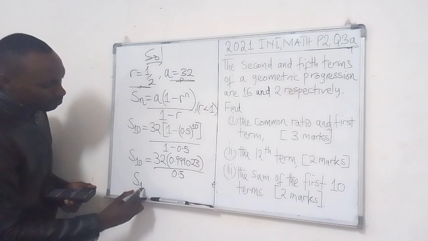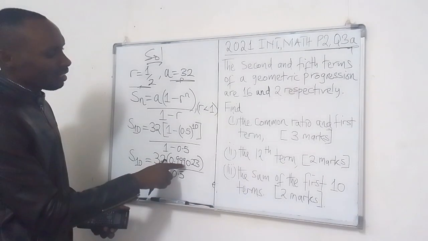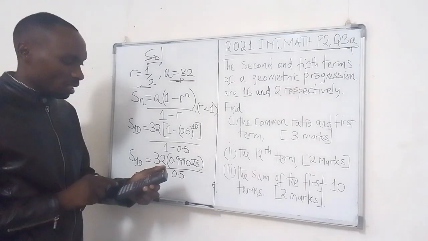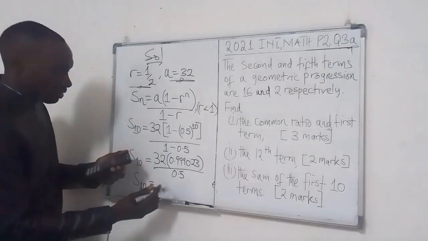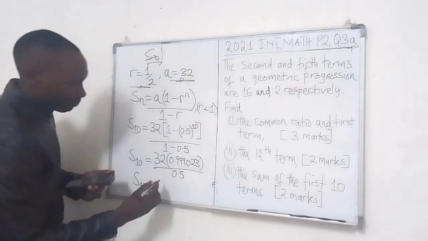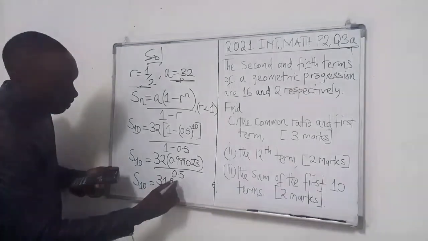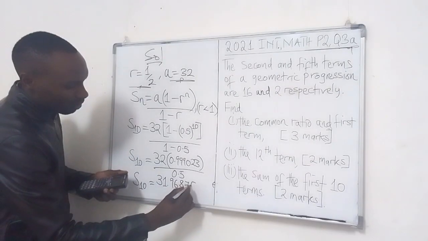S10 is equal to 0.999023 times 32, so this answer times 32. What I'm getting is 31.96875.